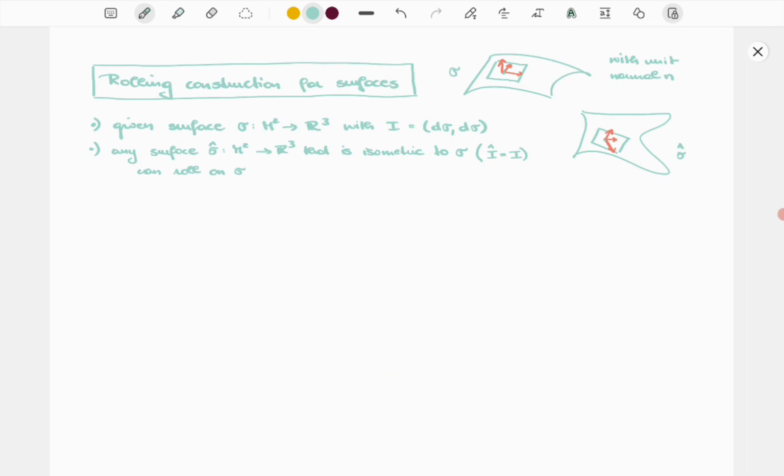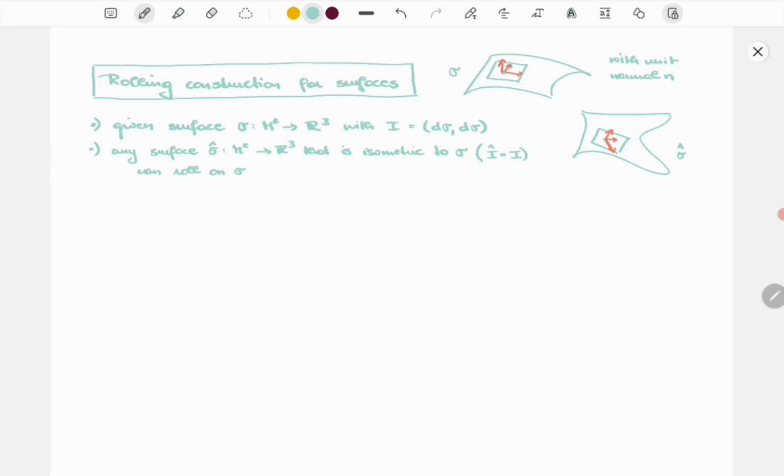If we now want to roll two surfaces onto each other, the ingredients are quite similar. We fix one surface sigma in Euclidean space. However, if we want now a well-defined rolling of the second surface sigma hat onto sigma, we have to require that sigma hat is isometric to sigma, in the sense that the first fundamental forms of sigma and sigma hat coincide.